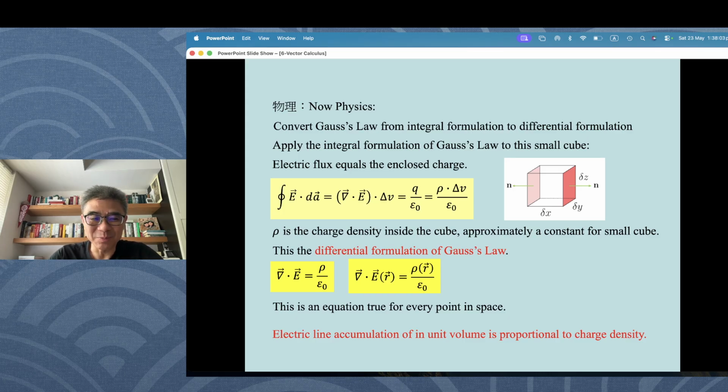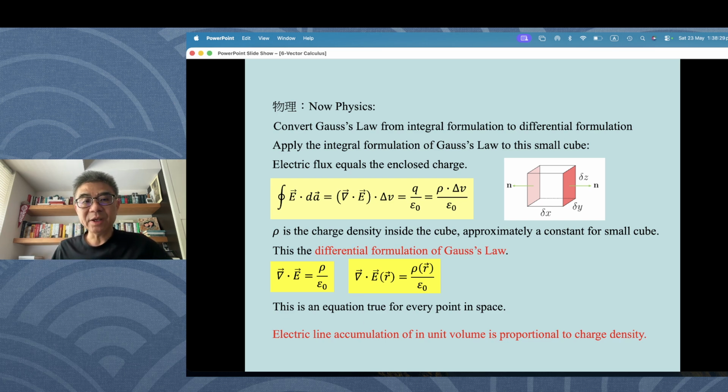I'm not talking about politics, but sometimes this formula indicates this kind of thing. Intrinsically, this equation tells you the electric field line accumulation in a unit volume is proportional to the charge density. That's the essence of the differential formulation of Gauss's law.